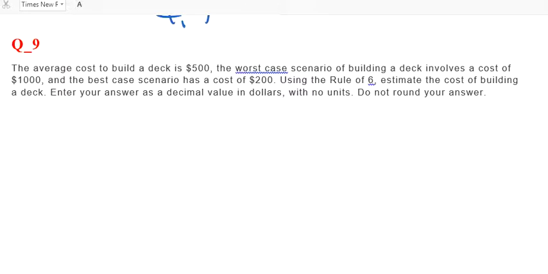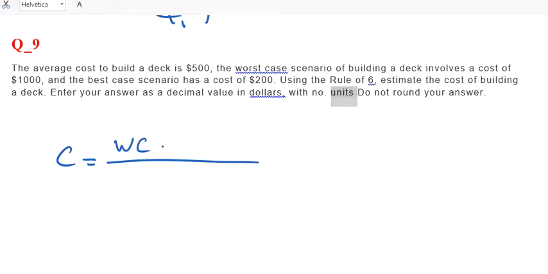Question 9, asking us using rule 6 to find the cost of a project. So the cost according to rule 6 equal to the worst case scenario plus 4 times the average cost plus the best case scenario, divided by 6.